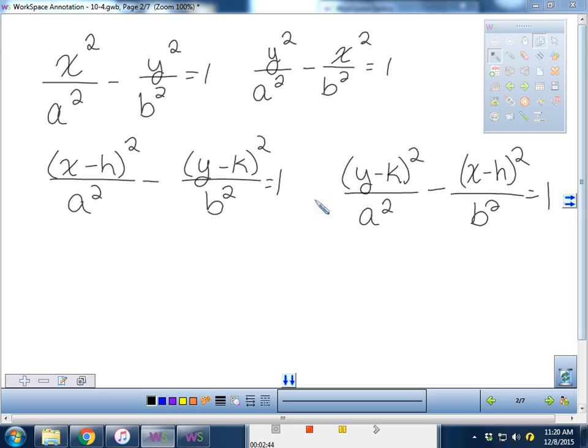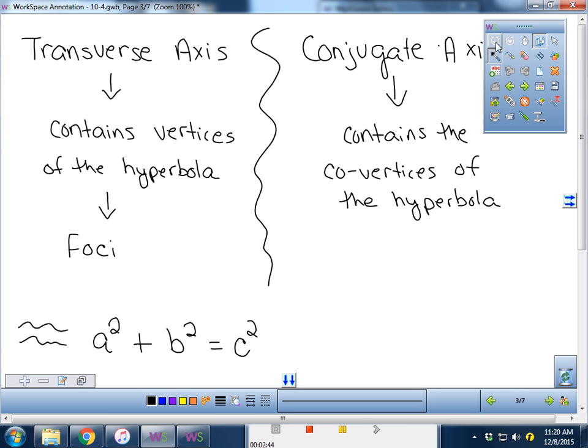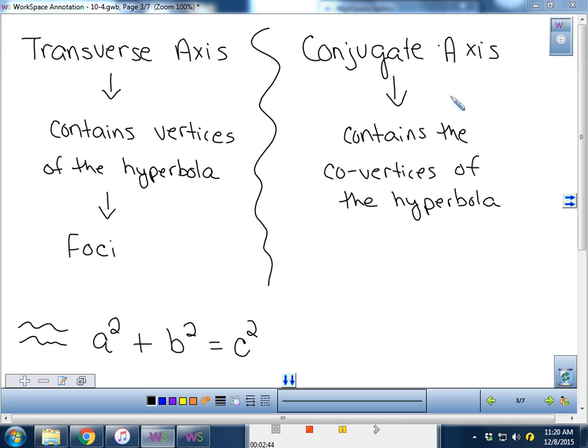When we actually get to 10-6 and we have to identify different types of conic sections, it's going to be important for you to realize that hyperbolas have a minus and ellipses have a plus, and the differences between those two. If you learn this now, it makes things way easier for you later. Instead of having a major axis and a minor axis, we have what we call a transverse axis.